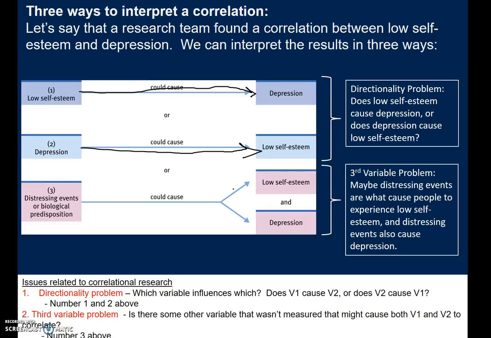There's two possible explanations. Or we can consider the third variable. Say maybe neither of those two variables cause each other. Maybe there's something that wasn't measured in this study that causes both of them. For example, maybe people who experience a lot of distressing events, maybe those events cause them to have low self-esteem, and those distressing events also cause depression.